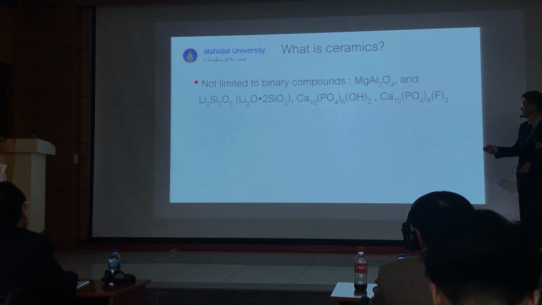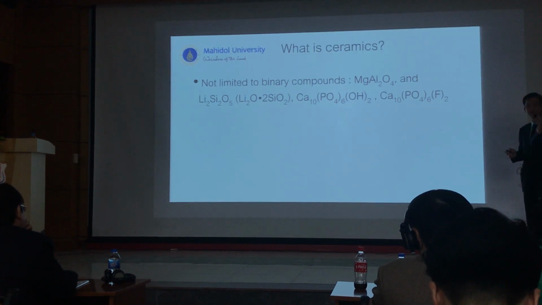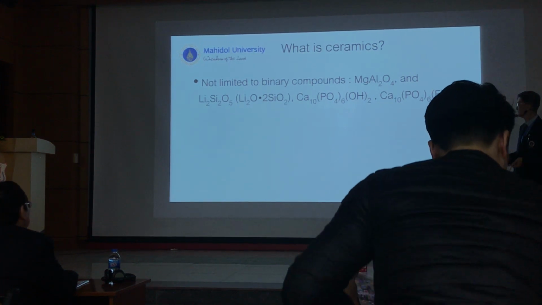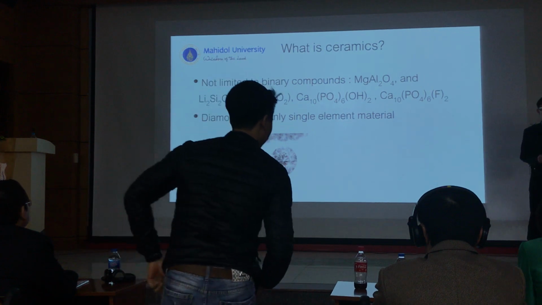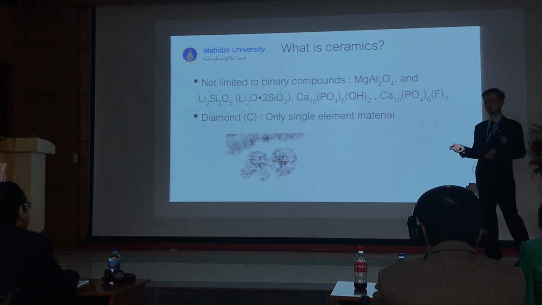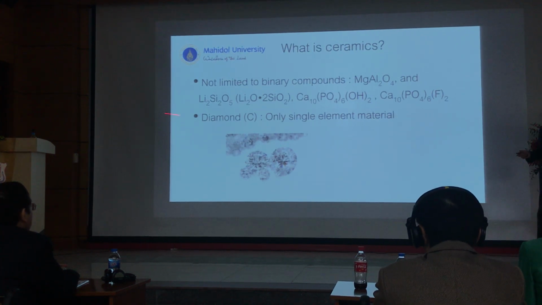This one has more than one element: lithium, silica, and oxygen. This is hydroxyapatite type. You know that our teeth and bone are ceramics. And you know that the thing the ladies love is ceramic: diamond. Diamond is ceramic, so it's only one single material that is ceramic.